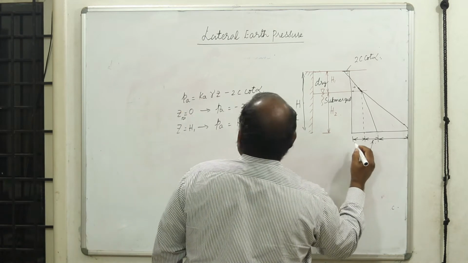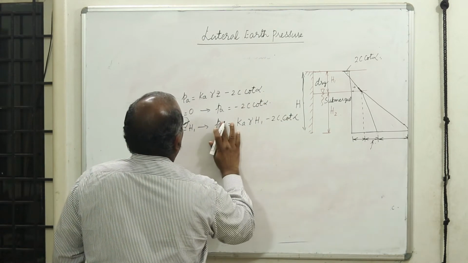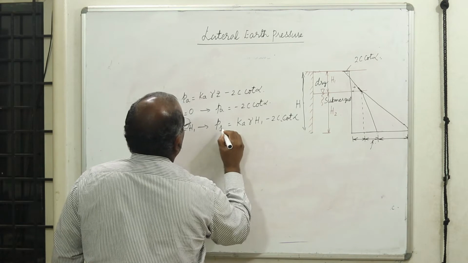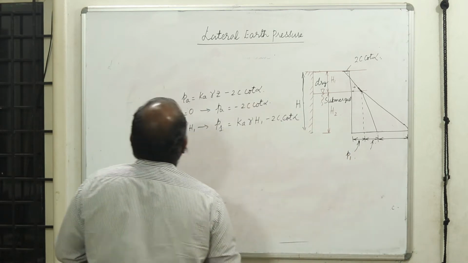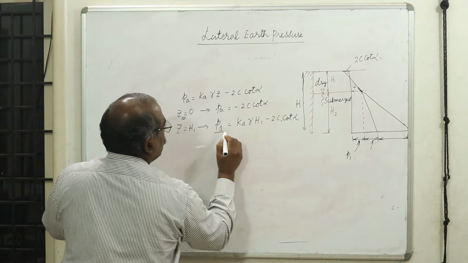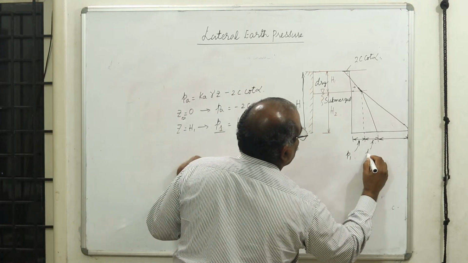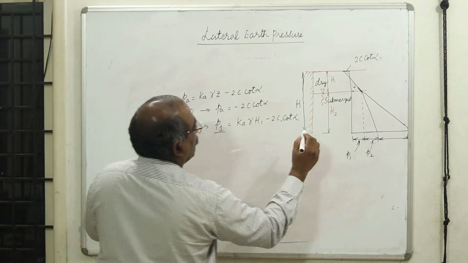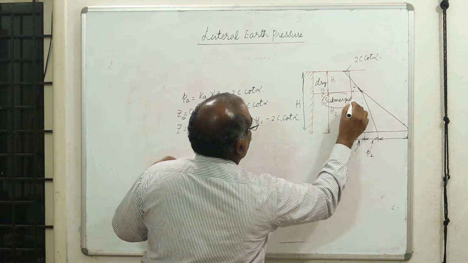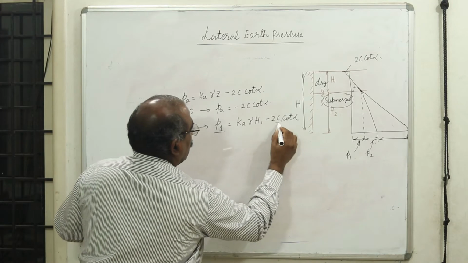Therefore, let me call this not PA, I will call it P1. Now what happens to this value? Let me call this P2. Now below you have the submerged condition, therefore this is not affected.